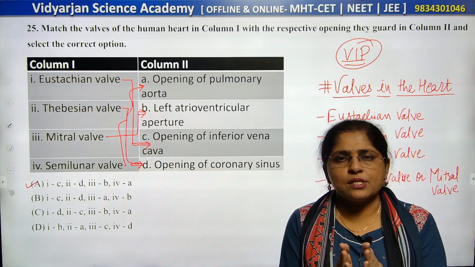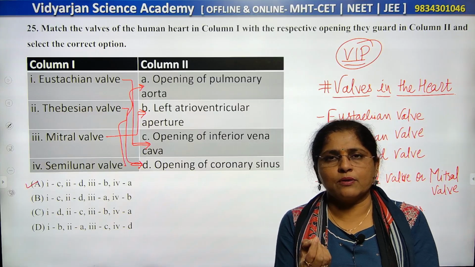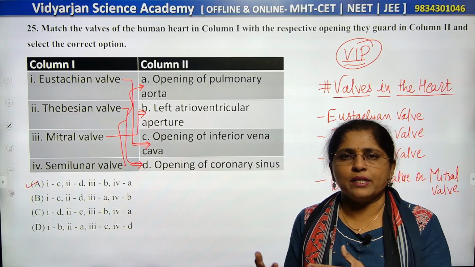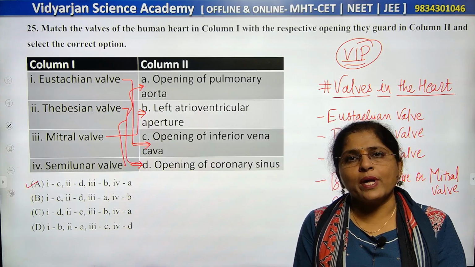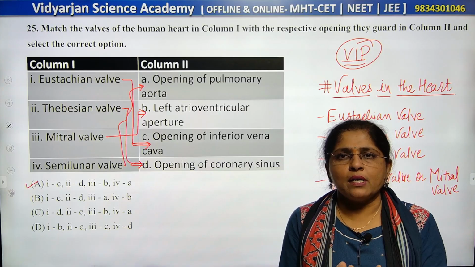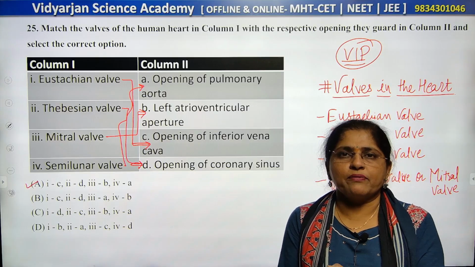Okay, so please, dear students, you just do one thing for getting good remembering and scoring. You should have the mind map with you. You should have the proper explanation. You should remember very perfectly here.